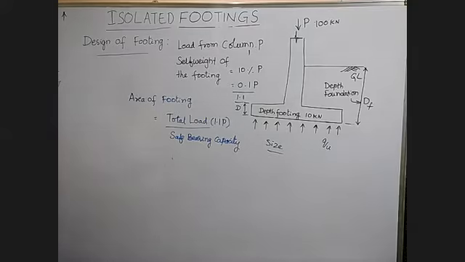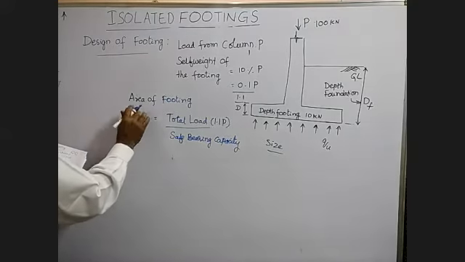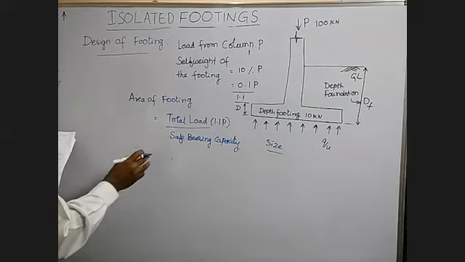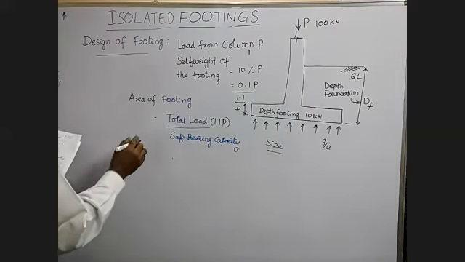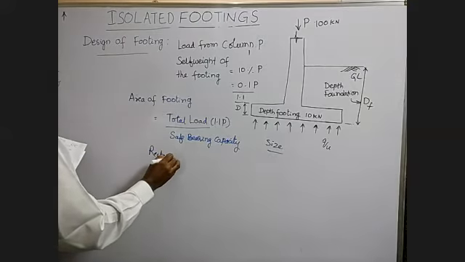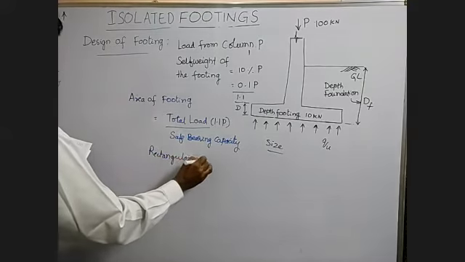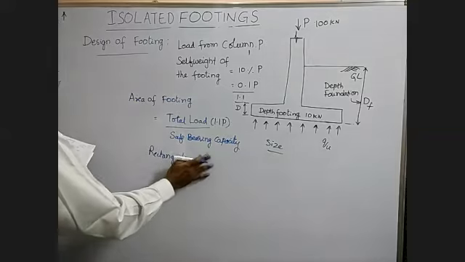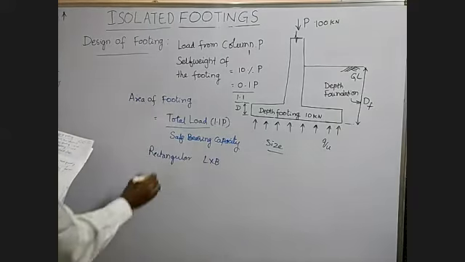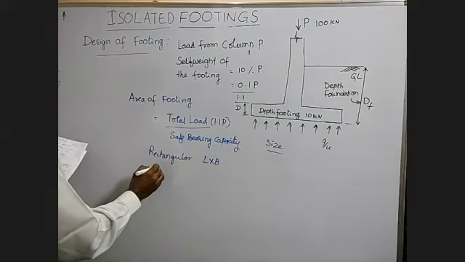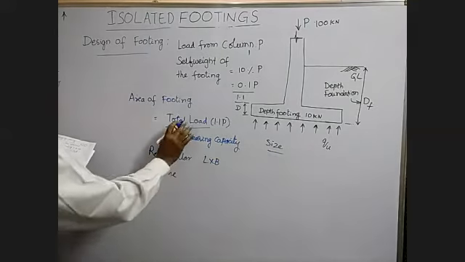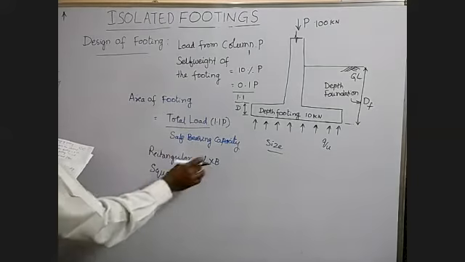Now area provided, area of footing is equal to total load by safe bearing capacity. Now if it is a rectangular footing, it is B into L or L into B. If it is a square footing, A into A. For a square footing, take the square root to get the side.